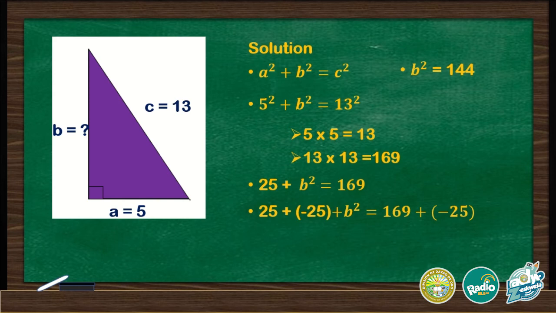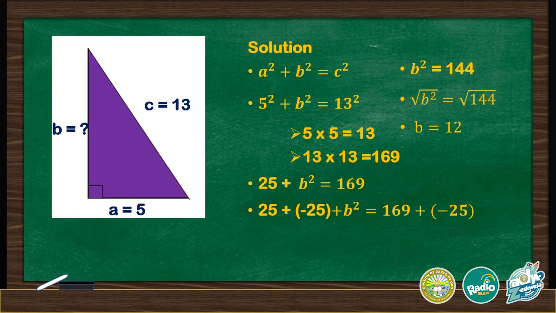Since we are looking for the value of b, we need to eliminate the exponent 2 by putting radical sign on both sides. The exponent will be eliminated and we will solve for the square root of 144, which is 12.